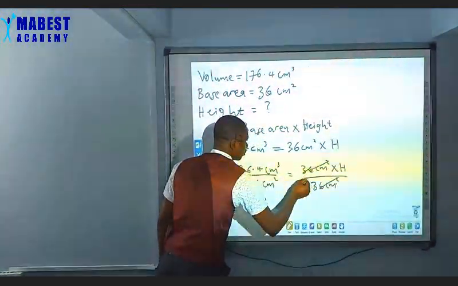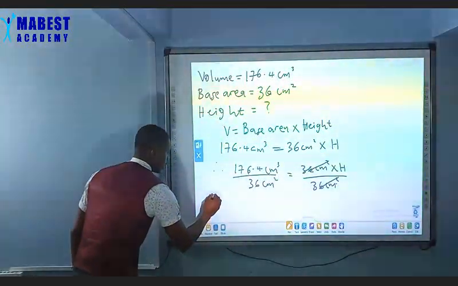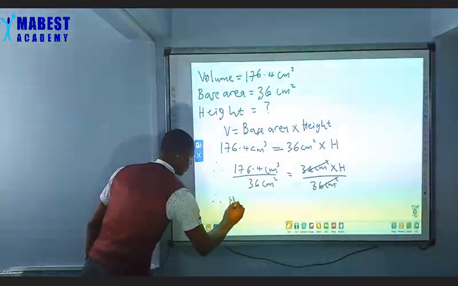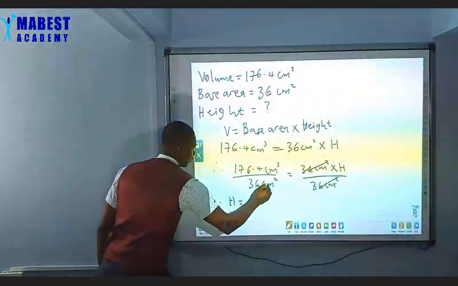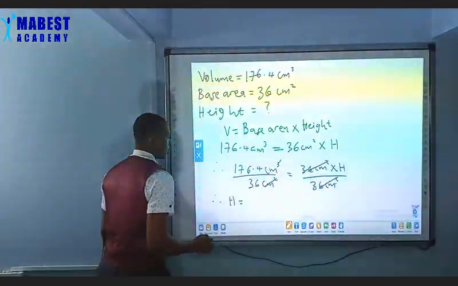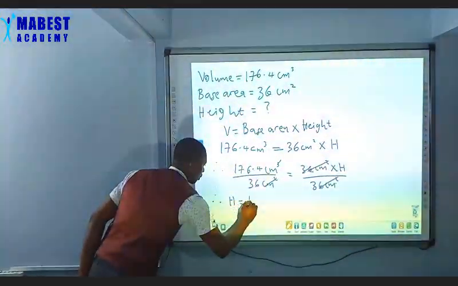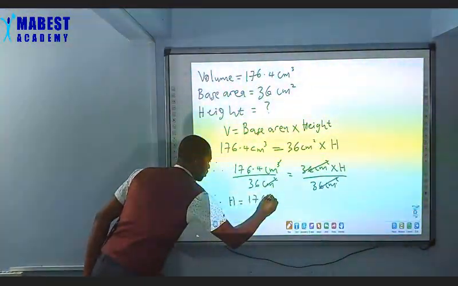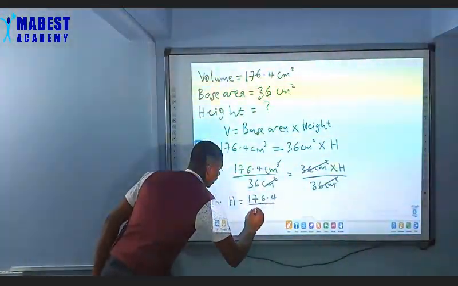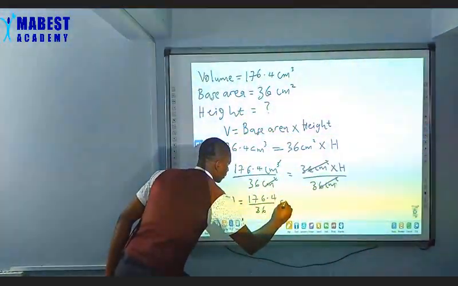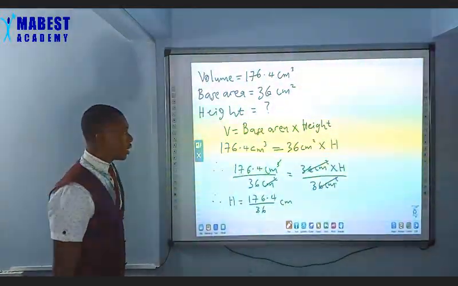This will cancel this. Therefore, our height equals, this centimeter cube will cancel this, so we are left with 1 centimeter, which is 176.4 over 36 centimeter. Are we together?